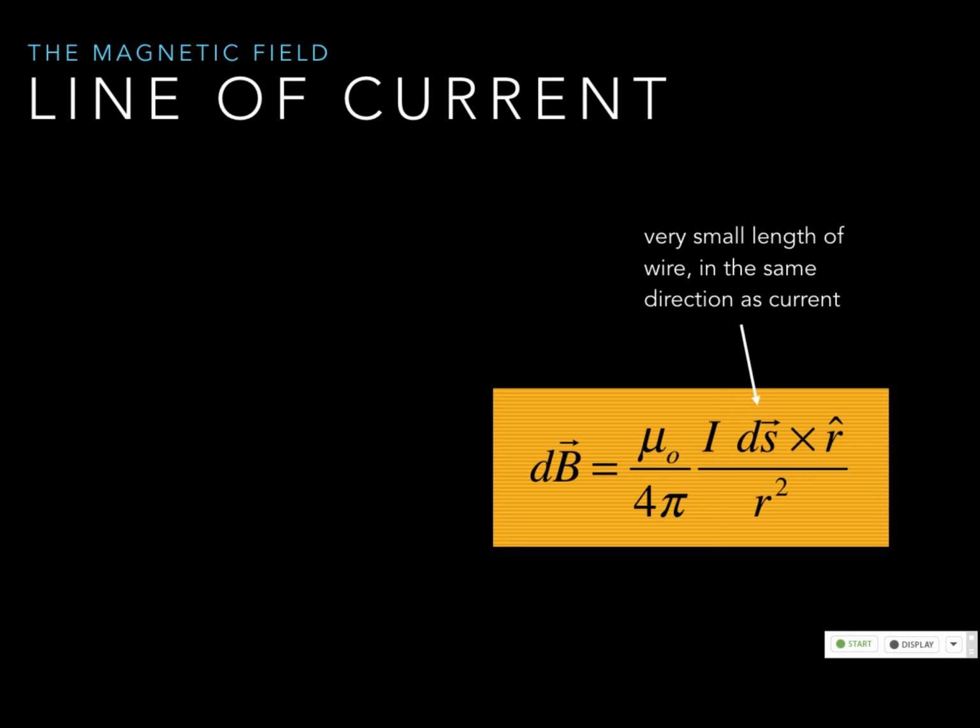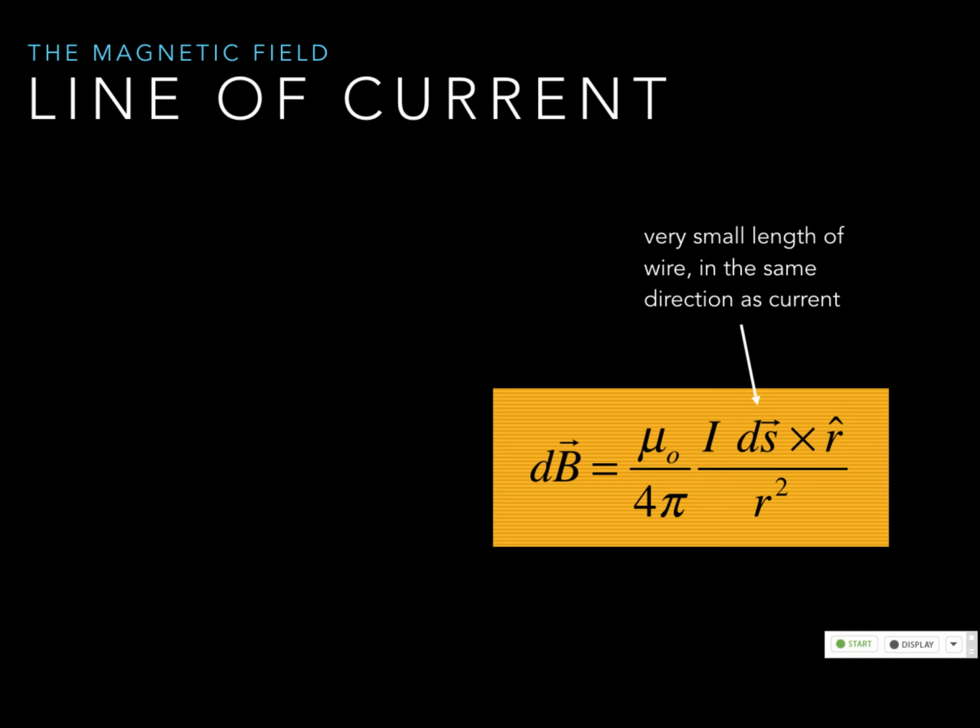So this is a cross product with r hat, still over r squared. Okay? Well, you can just shuffle these around, turns out. And what's dq dt? Current. So this becomes mu naught over 4 pi dq dt, which is current, ds cross r hat over r squared. Okay?